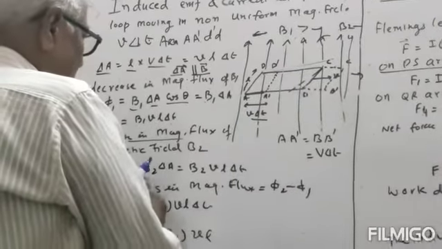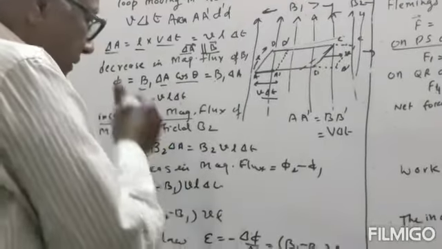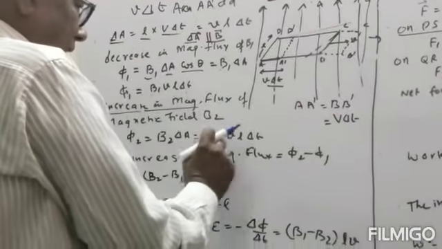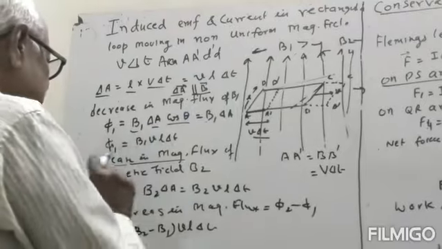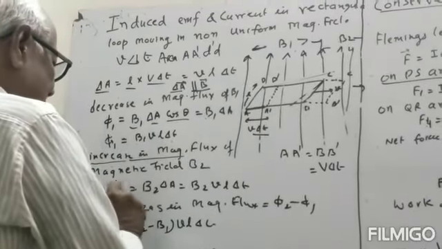So phi 2 will be B2 into delta A, which is B2 into v L delta t. This is the increase in magnetic flux.